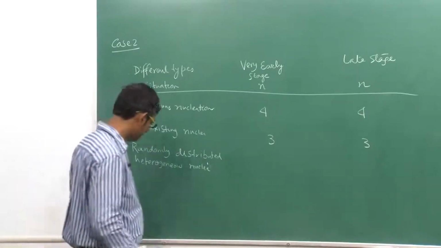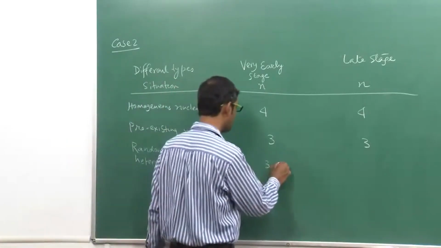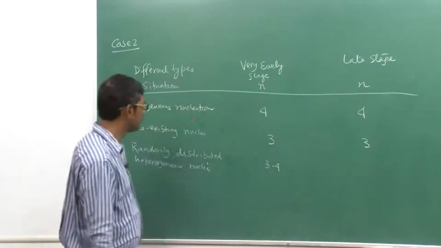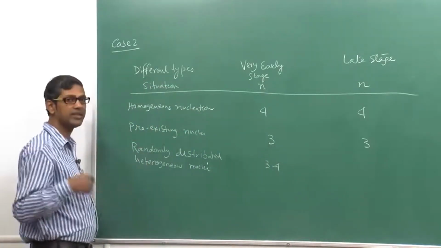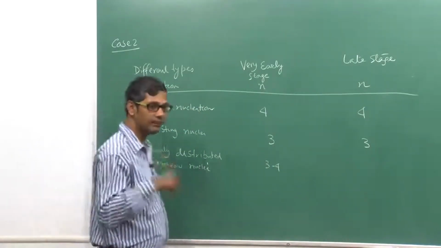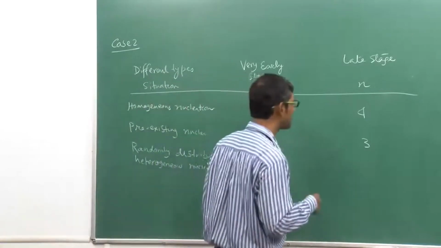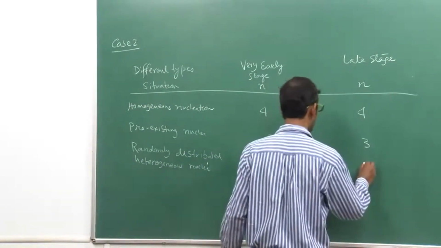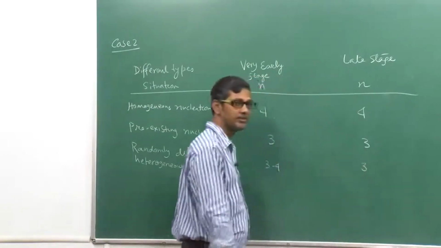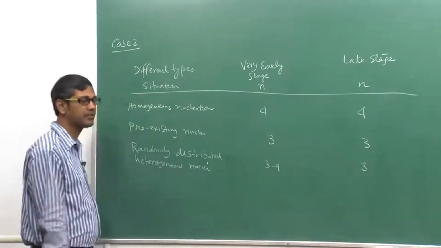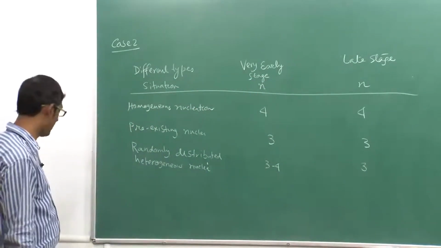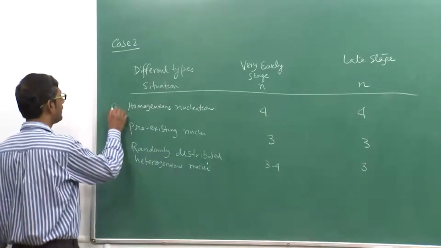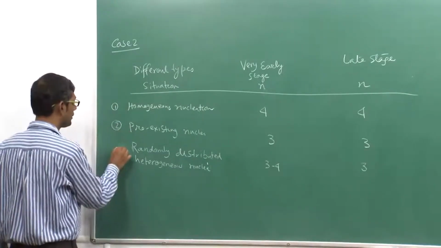For that, it can vary between 3 and 4, because either nucleation can happen together with the growth, or nucleation can happen and then growth takes place predominantly. But it can reach 3 at the later stage, because nucleation will no longer happen at a later stage. So it is only growth in 3 directions. So situation 1, 2, 3.